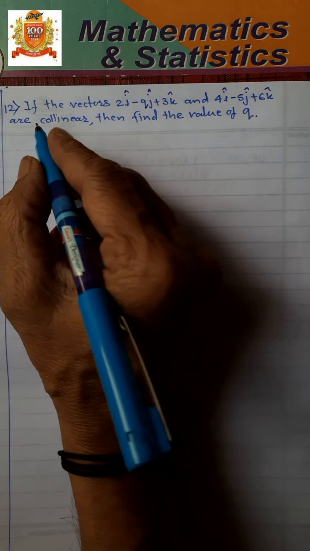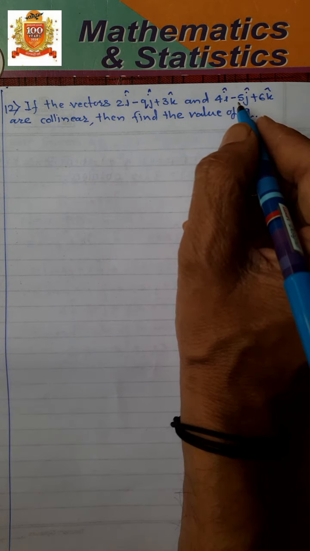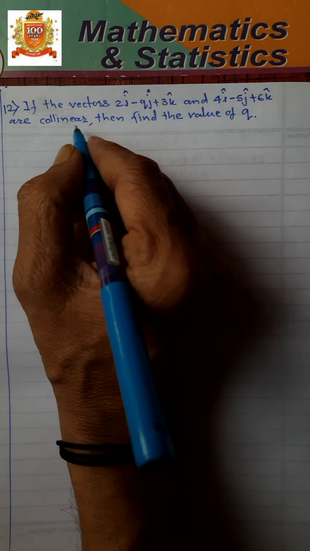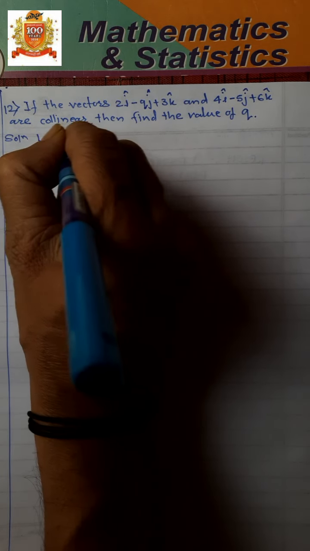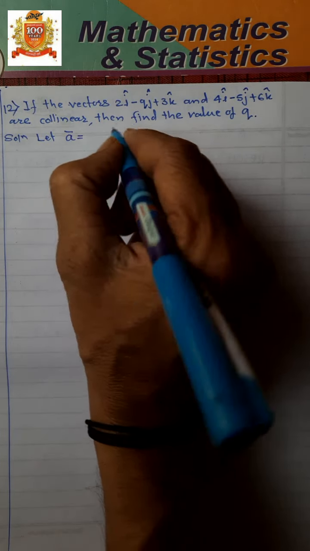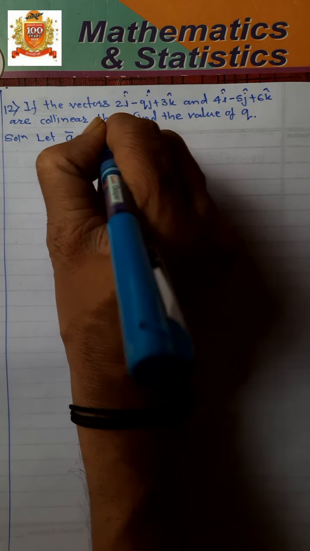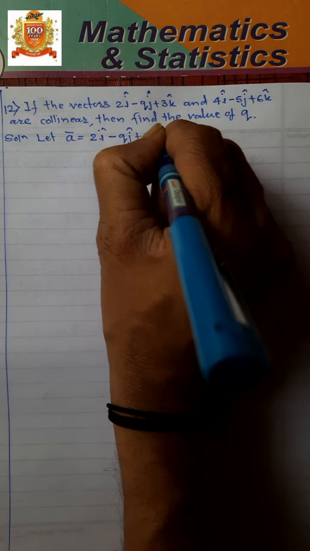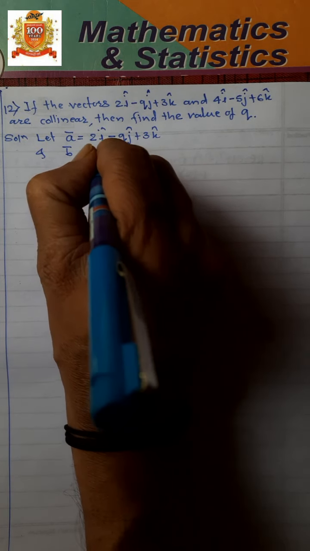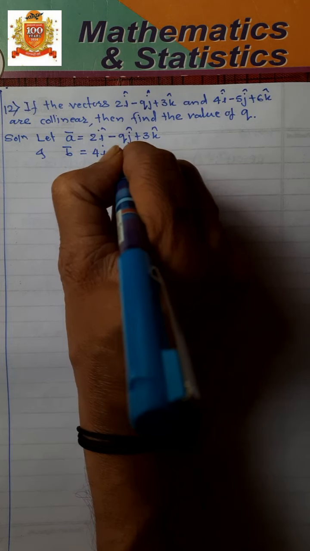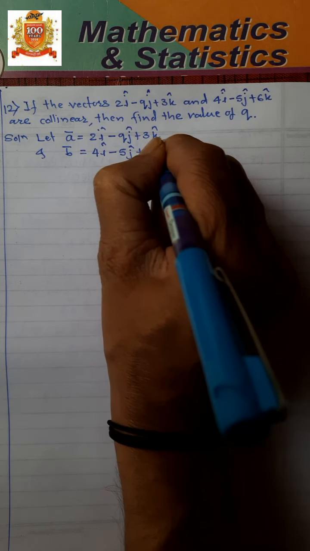Let us see question number 12. If the vectors 2i minus qj plus 3k and 4i minus 5j plus 6k are collinear, then find the value of q. Solution. Let a bar is equal to 2i minus qj plus 3k and b bar is equal to 4i minus 5j plus 6k.